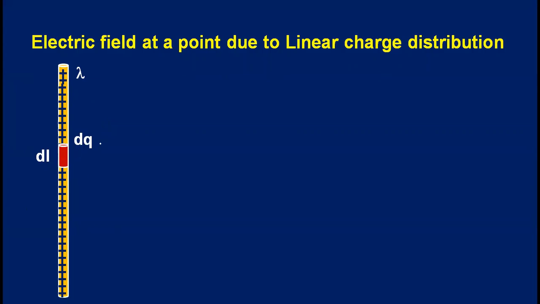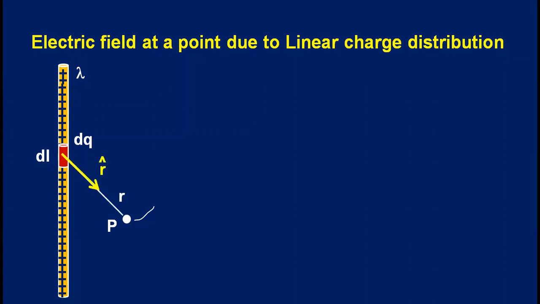Now first, let me find linear charge density with respect to the charge element. How to do that? You know, linear charge density is given by charge divided by length. Here, the charge element carries a charge dq and its length is dl. Therefore, I can write lambda as dq by dl. But before that, let me choose a reference point P, which is at a distance of r from the charge element.